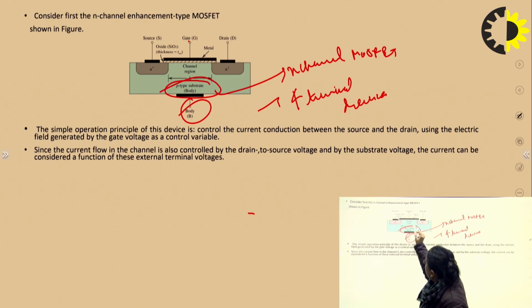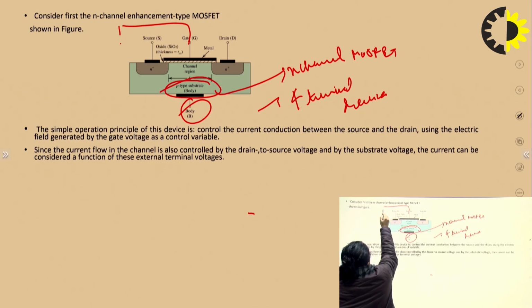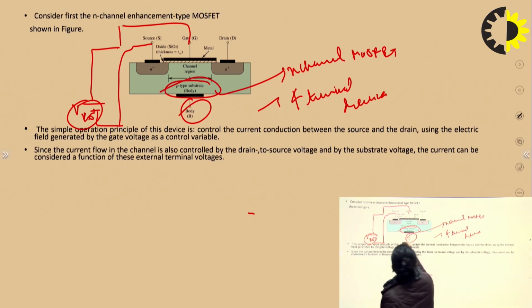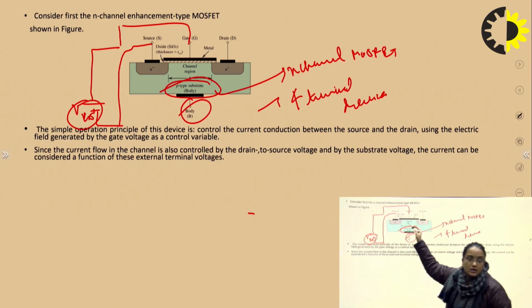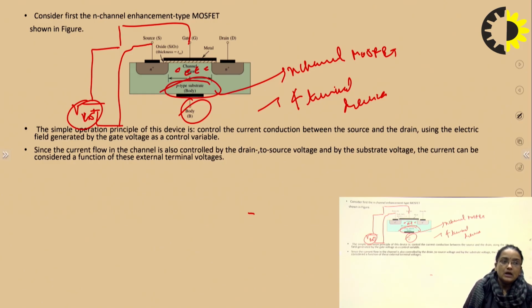When we apply the biasing voltage, that is, if we apply this VGS across this, then due to this biasing there is an accumulation of electrons in this area, and this ultimately results in the creation of the N channel.